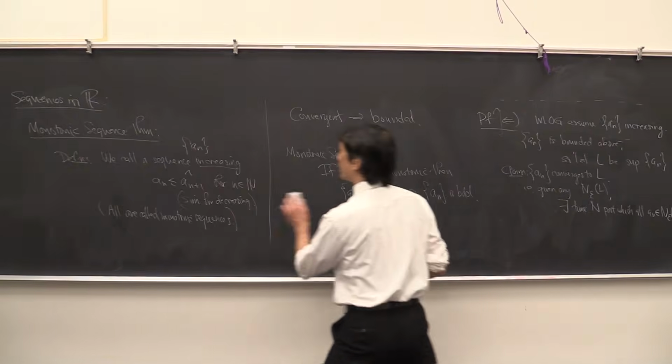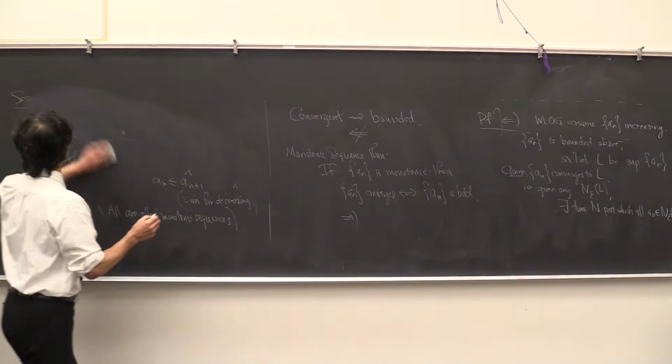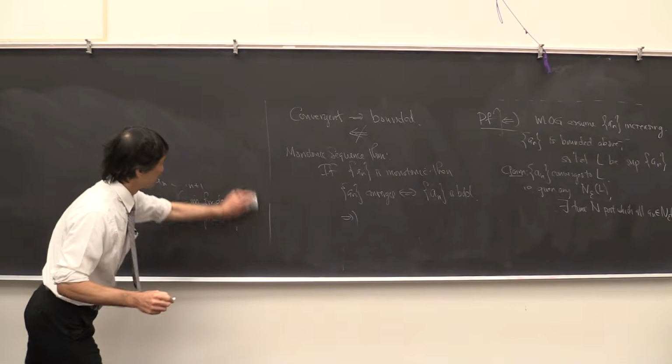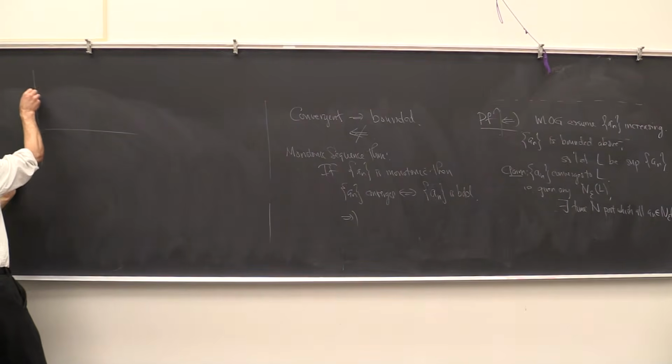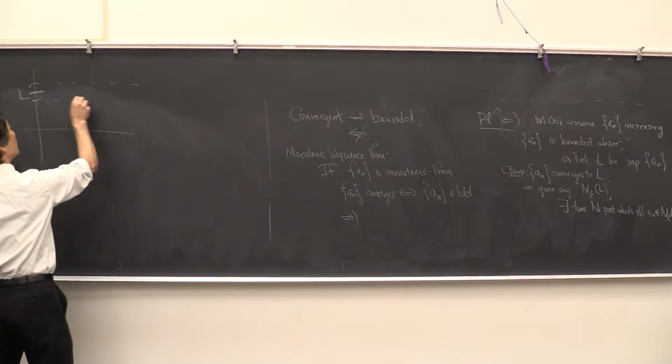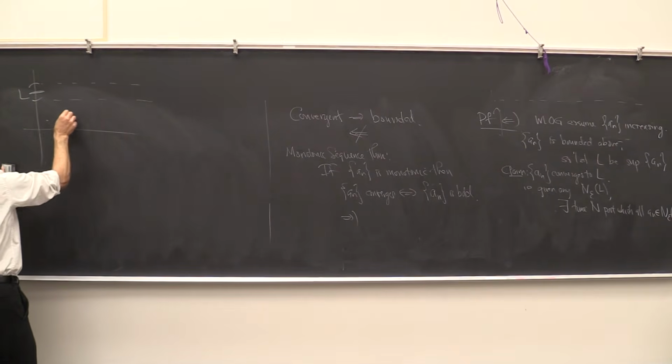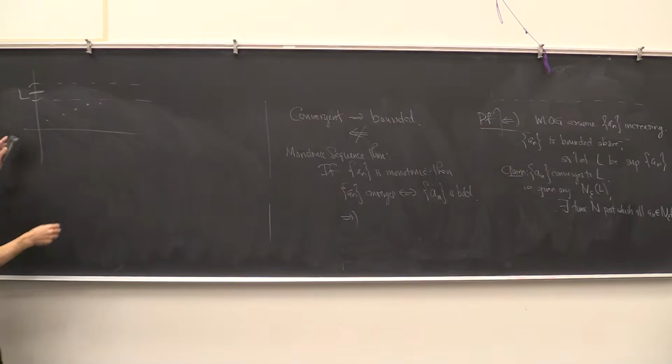Okay, so here's L. You choose some epsilon. It's increasing, and L is the least upper bound of all these values.